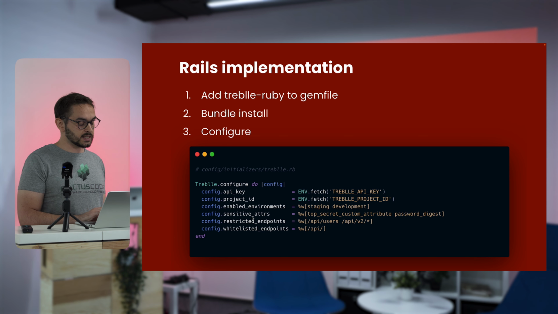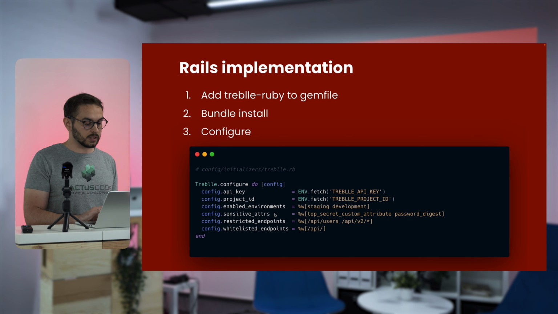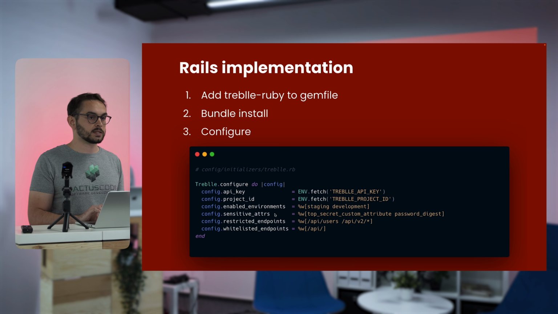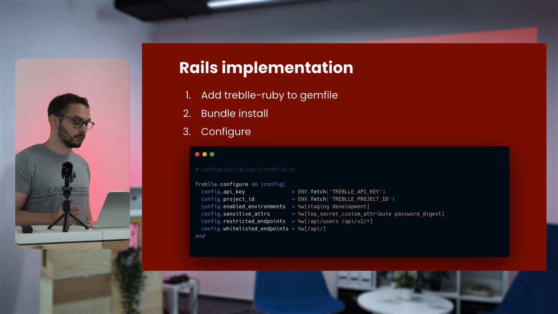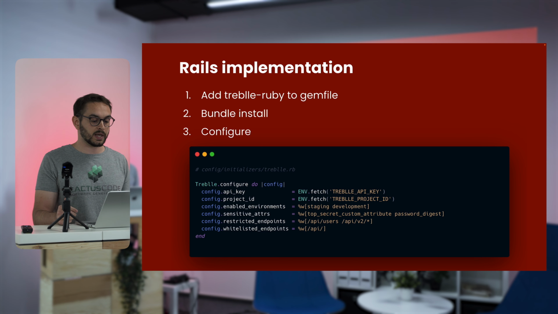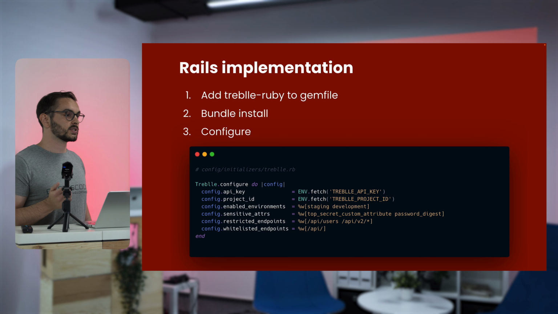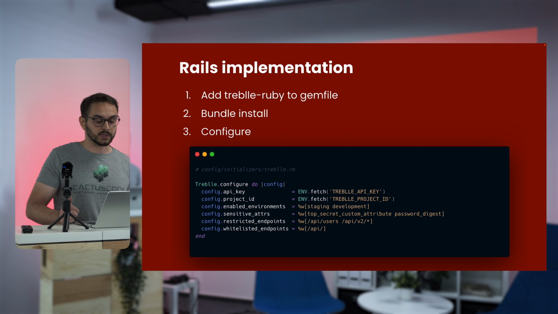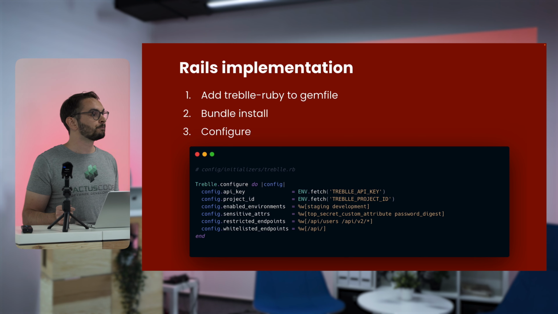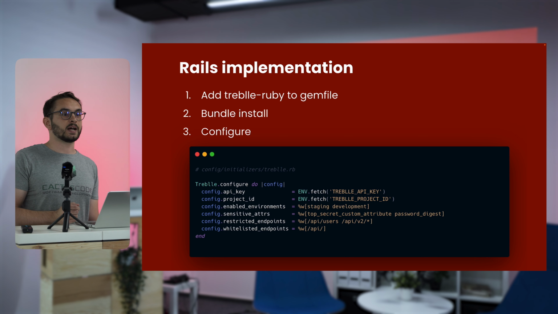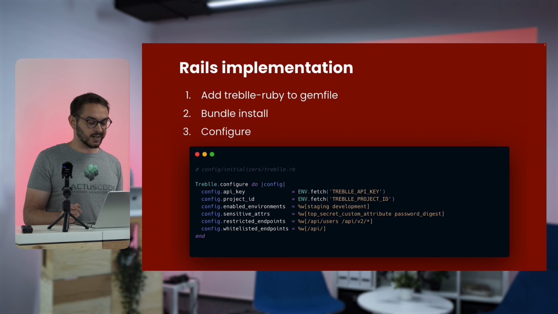Then we have sensitive attributes. Sensitive attributes has a default list of attributes that we want to mask, like passwords or something else, like, I don't know, the three numbers of the credit card, and so on.